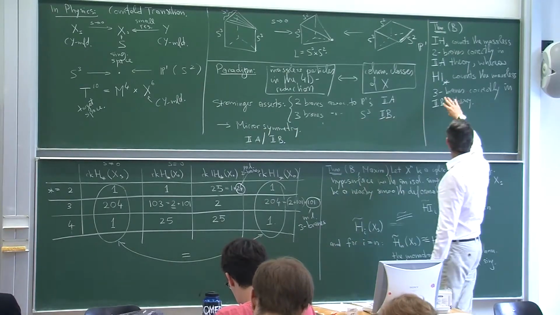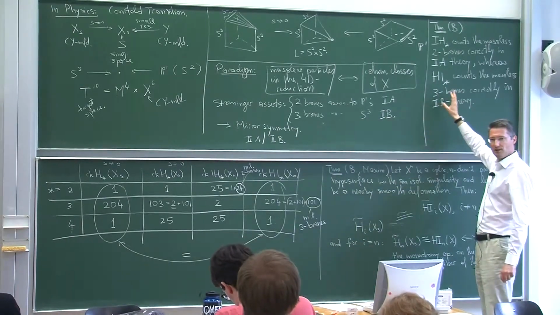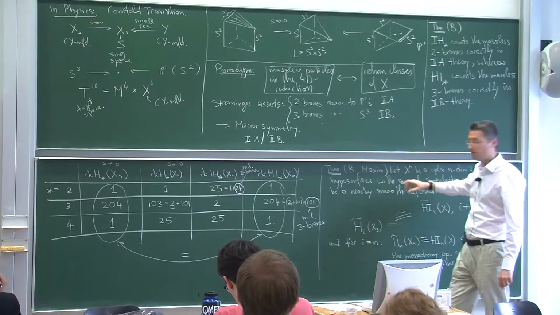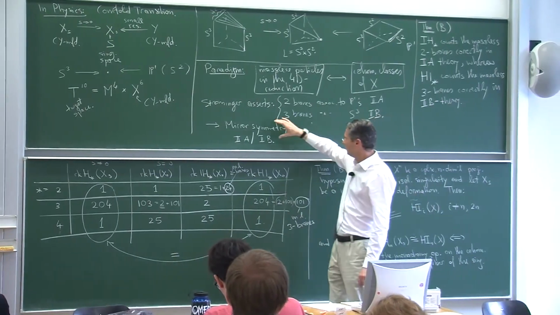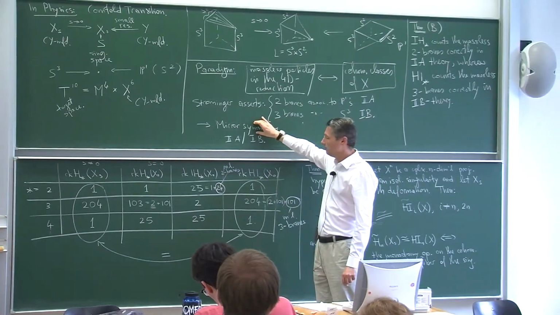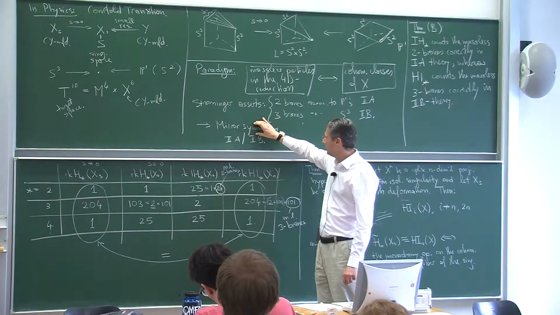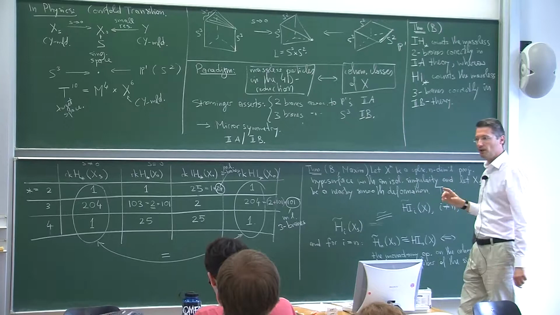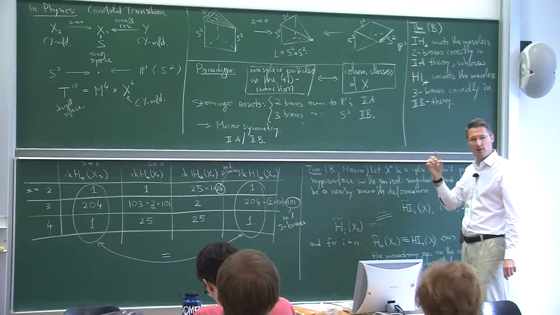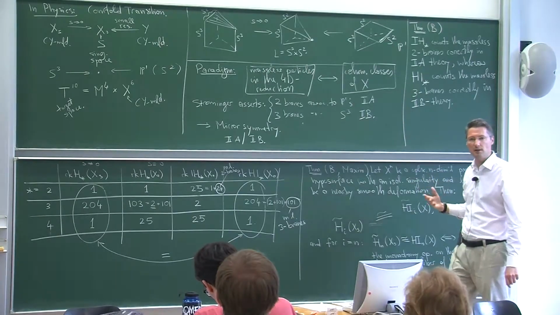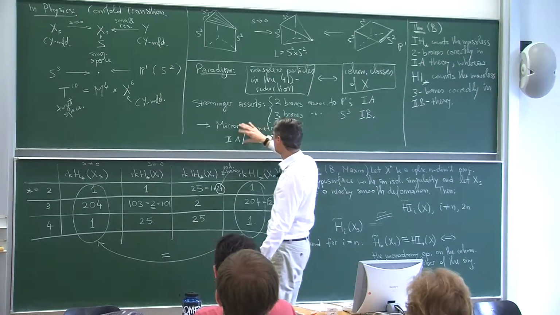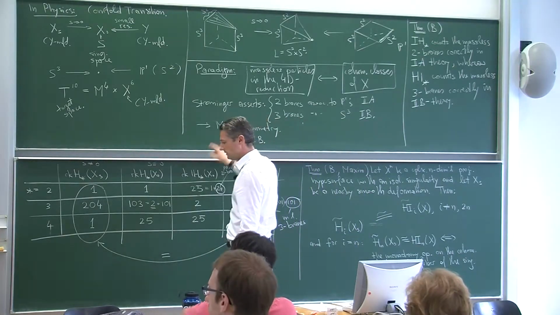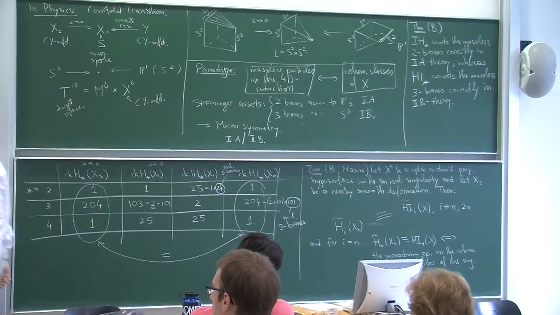And since we observed these counts for 2A and 2B theory, it's not surprising that this will lead to statements involving mirrors of conifolds, and predictions about what the intersection Betti numbers and the HI Betti numbers of the mirror should be, etc. I won't write down the formulas, but it's not surprising that this says something about mirror symmetry.